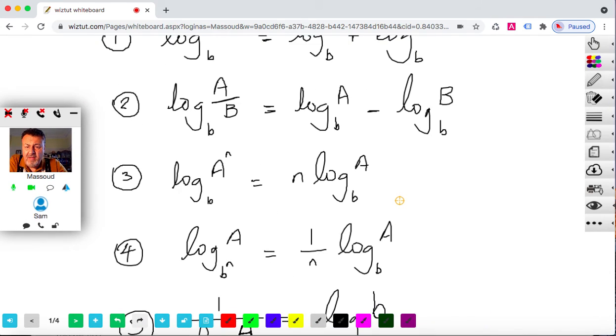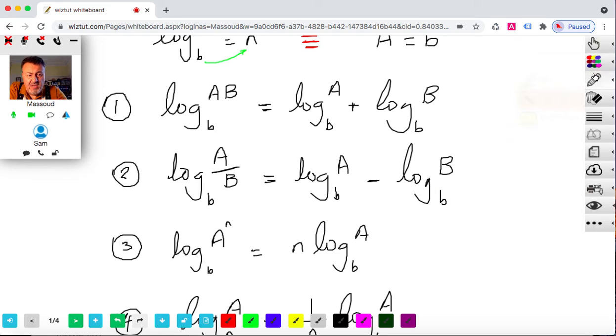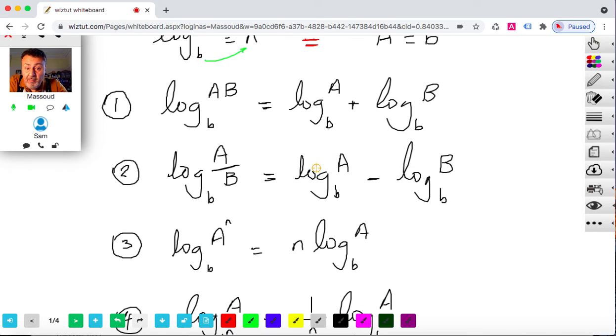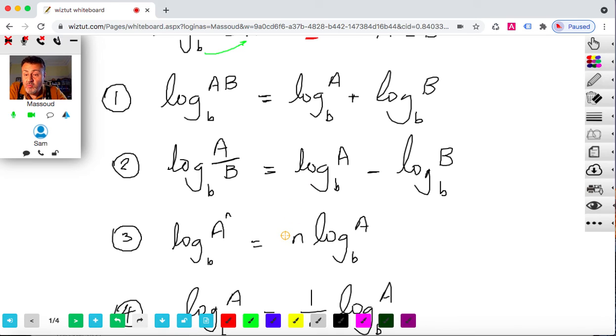One thing you have to remember is that the pattern has to be exactly like these. If you look at it, there is no number written here, there is no number written there. So don't make something up. Follow these, and if they are not exactly in this form, then of course there is another rule that you can use to bring it to this form, and then you can use the rule itself.